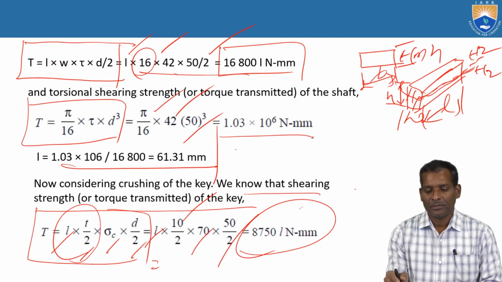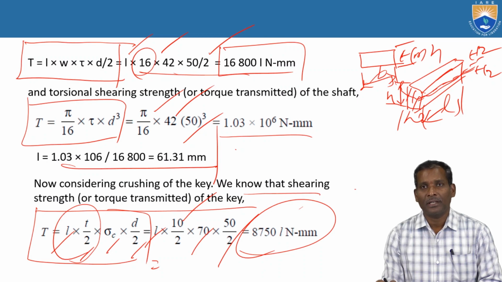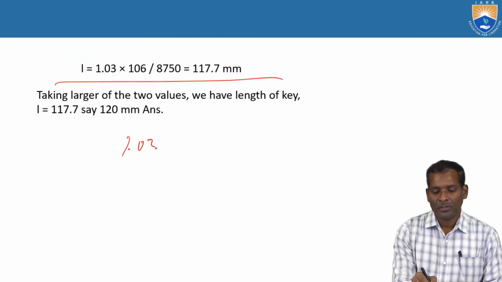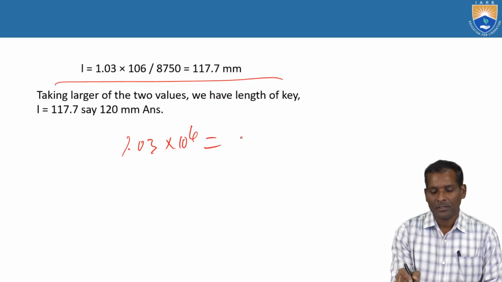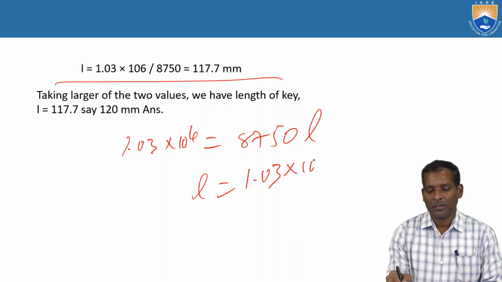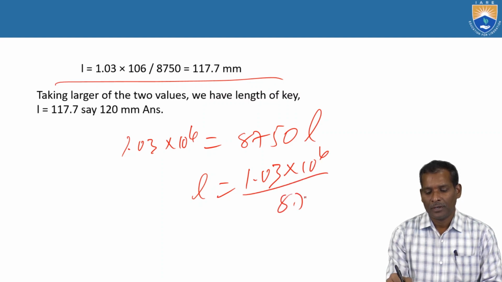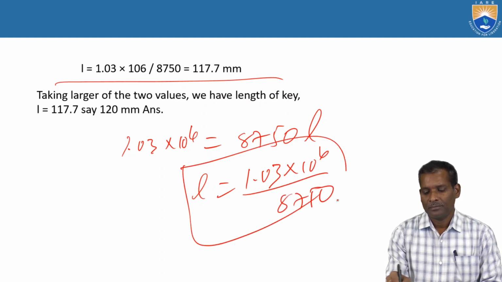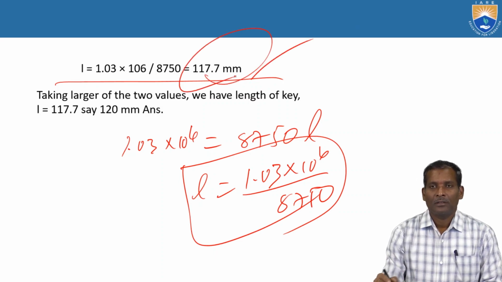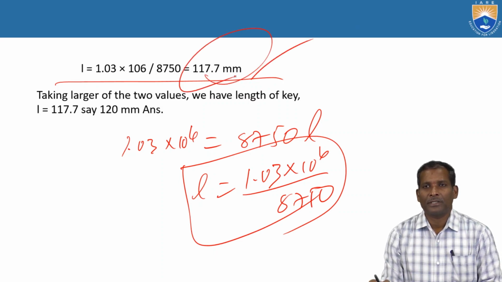So again find out L. So T is 1.03 into 10 to the power 6 Newton mm. So 1.03 into 10 to the power 6 is equal to 8750 times L. So L is equal to 1.03 into 10 to the power of 6 divided by 8750. So the obtained value is 117.7 mm.